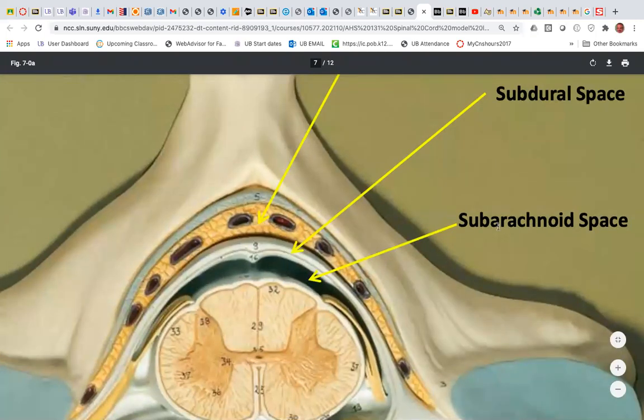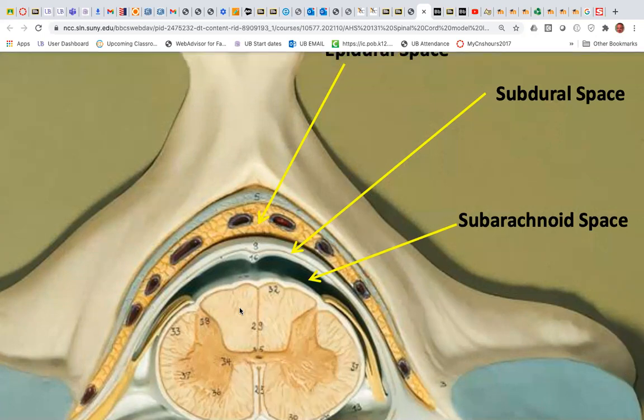That's called the sub, under, right? Sub is under, subarachnoid space. What flows in here is called CSF. CSF stands for cerebral spinal fluid. Cerebral spinal fluid. It helps to cushion and support and protect the spinal cord.